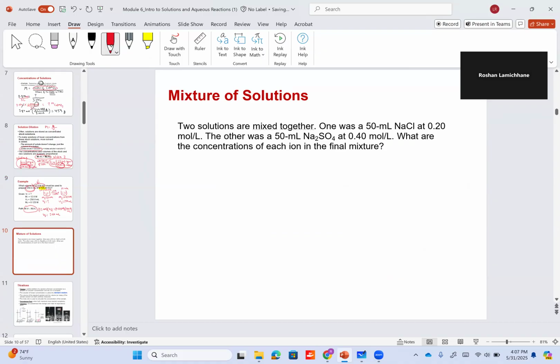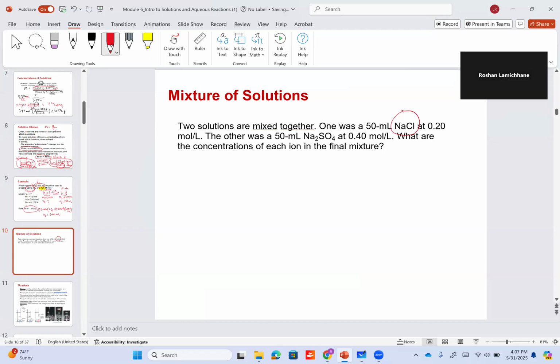All right, now we're going to learn this concept, which is slightly challenging because there are lots of layers to it. All right, so two solutions are mixed together. Meaning that two homogeneous mixtures, right, are mixed together. In the first one, we had NaCl, right? It's a soluble salt, right?